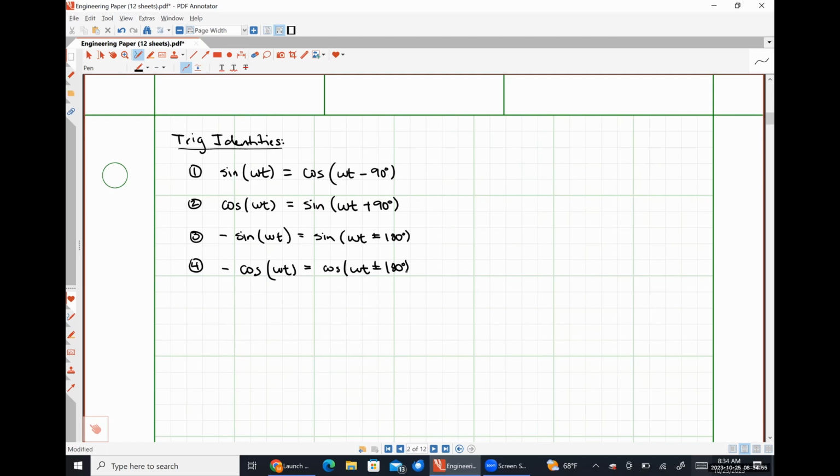So if you were ever to try to evaluate something like this in your calculator, that presents a little bit of an issue, in as much as one of those angles has to be changed to the other, because your calculator can only be in one of those settings at a time.